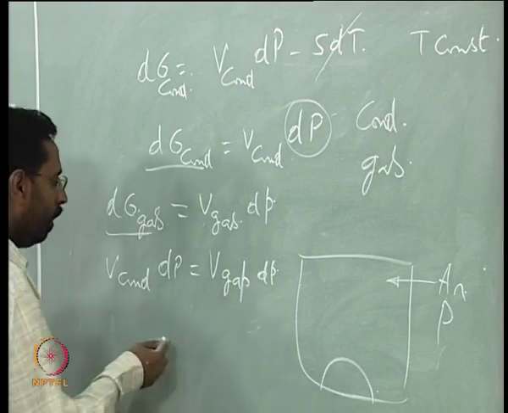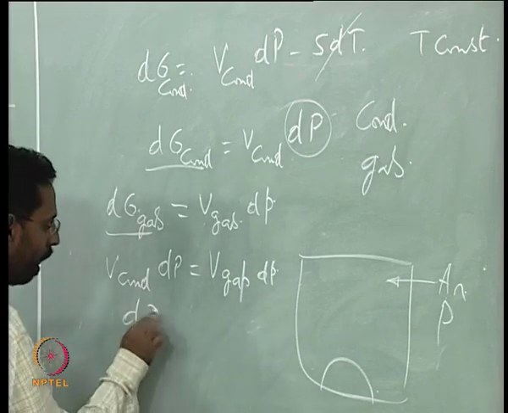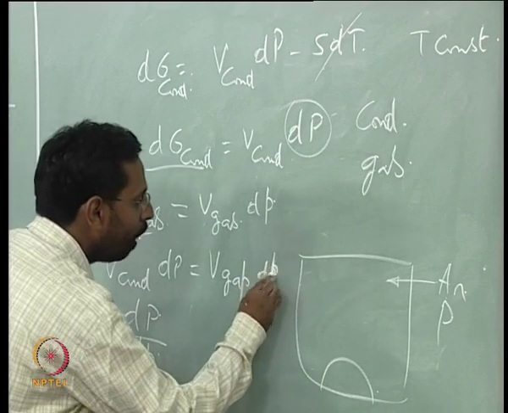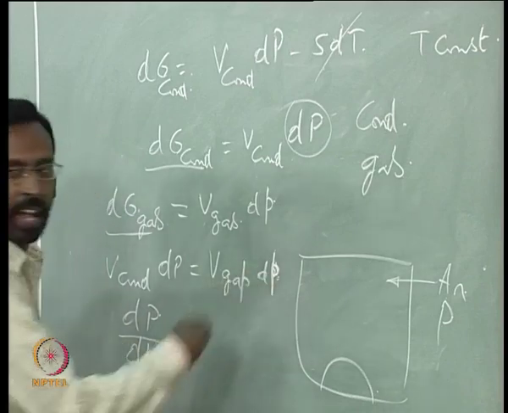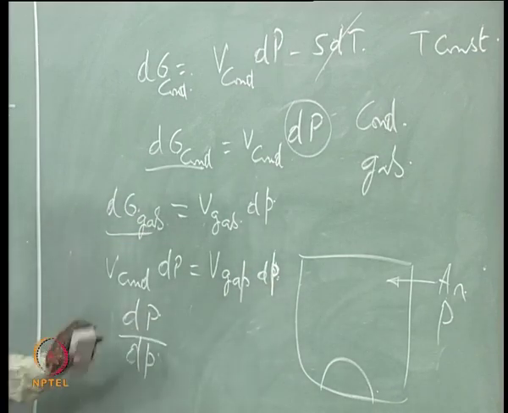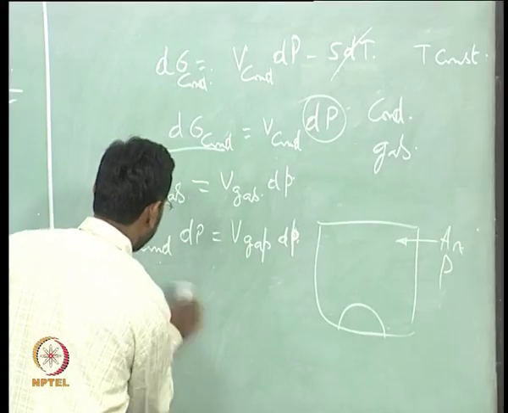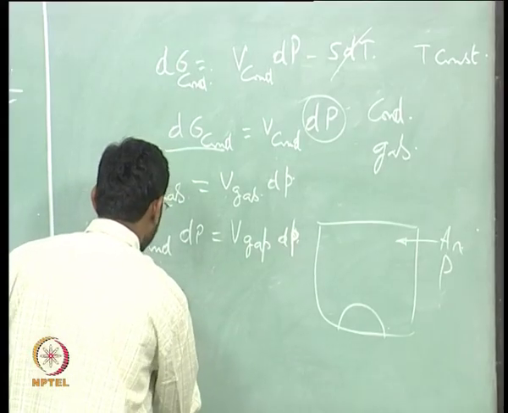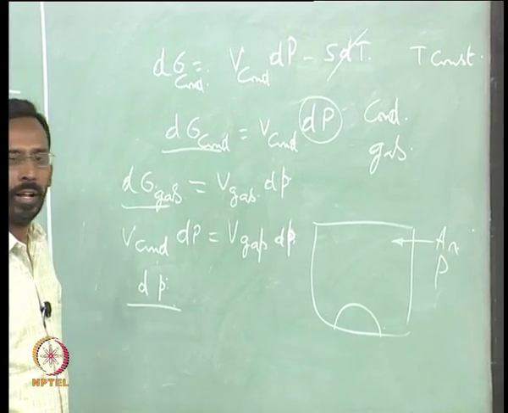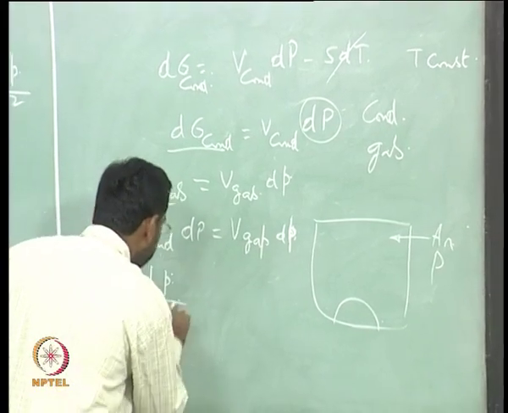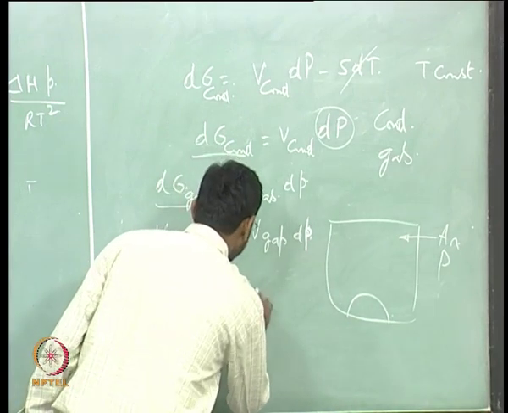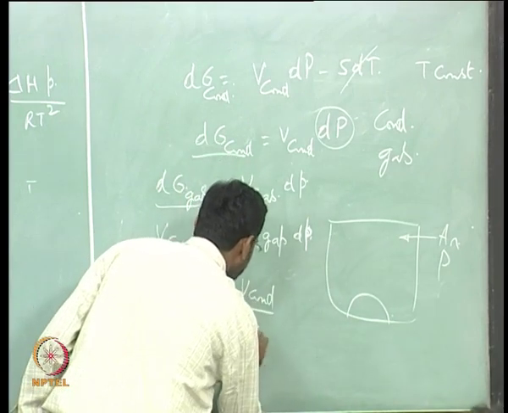Here we are using a small p because we are talking of the partial pressure of the gas, and there we are talking of the external pressure. Or we can even do it the reverse way: dp, the rate of change of the partial pressure of the gas with the external pressure that we are putting, is related to V condensed by V gas.